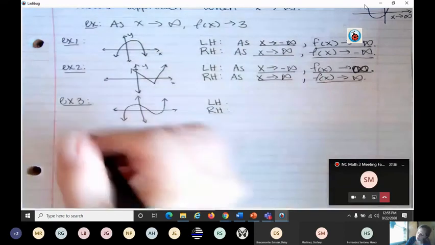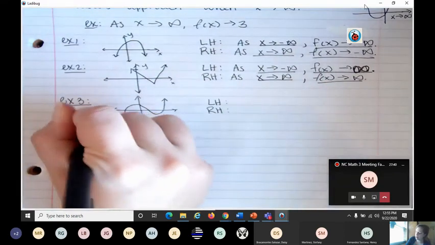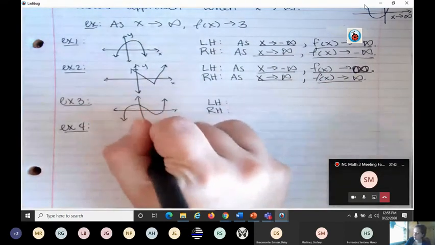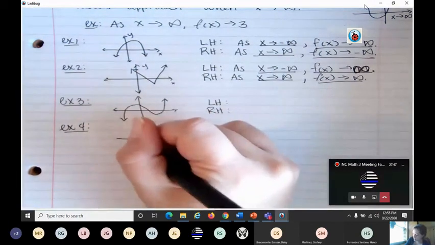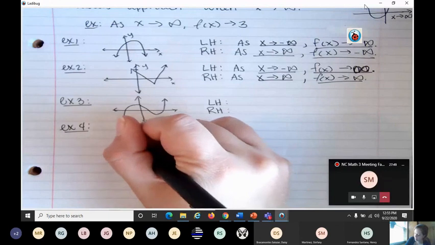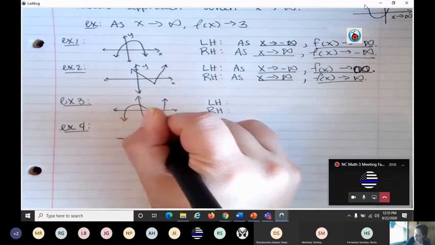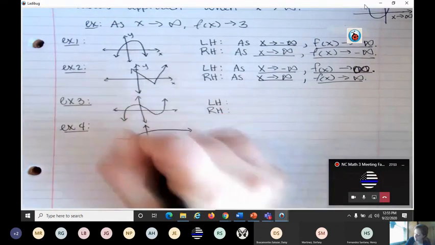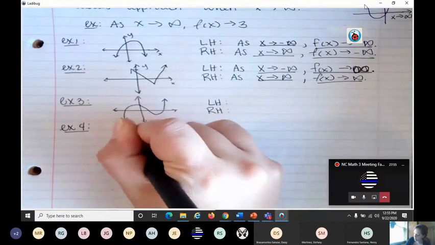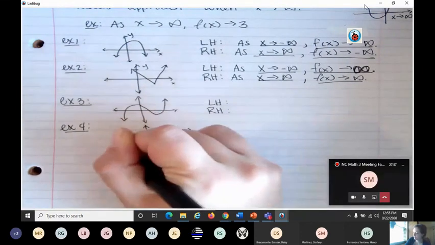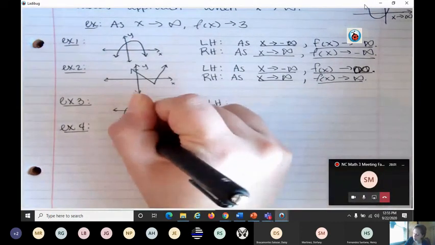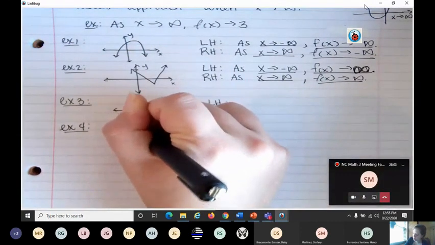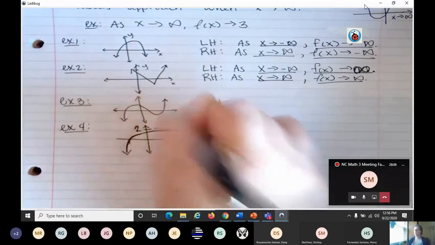We'll maybe do two more. I'm going to go ahead and write the fourth example down. Oops, it got ugly quick. All right, so maybe this is 2.